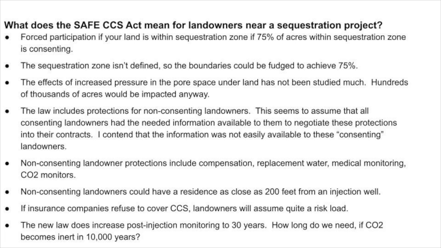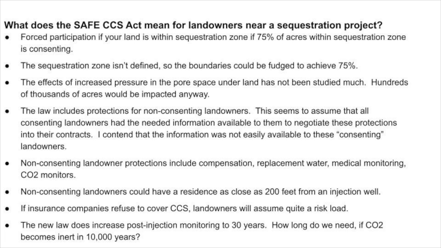Okay, so what does the SAFE Act mean for landowners near a sequestration area? Well, it means that we would have forced participation within that sequestration zone if 75% of the acres within the zone are consenting. So if they can get 75% of the people to sign an easement, then we're forced.